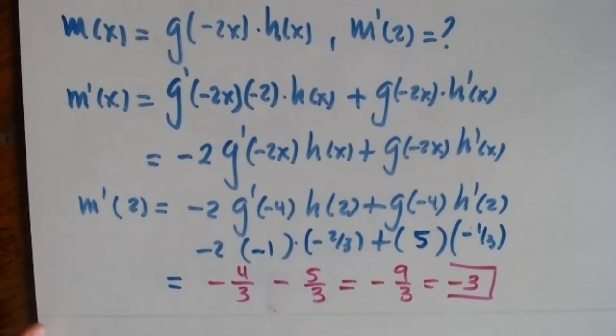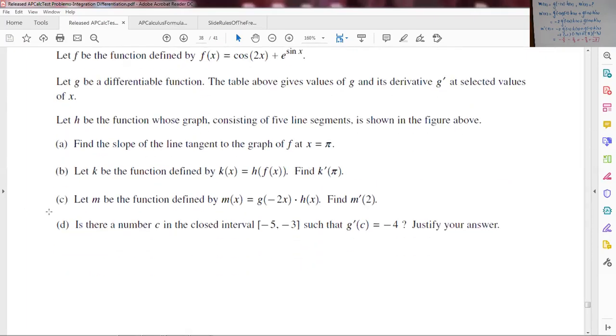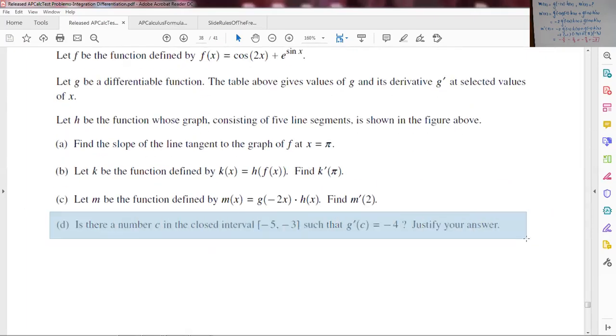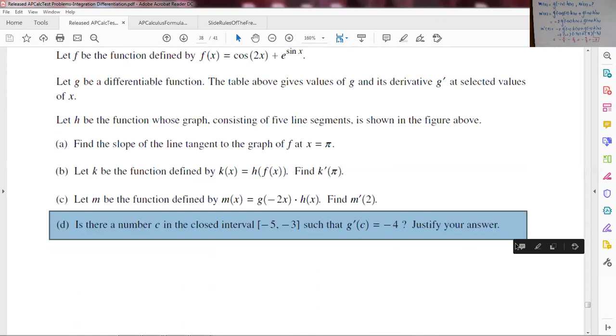Okay, last problem. In the last question, we have, is there a number c in the closed interval negative 5, negative 3, such that g prime of c equals negative 4? Justify your answer. Okay, now, let me just put right here.